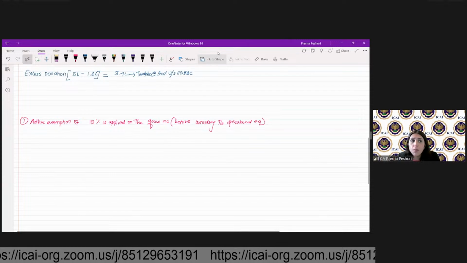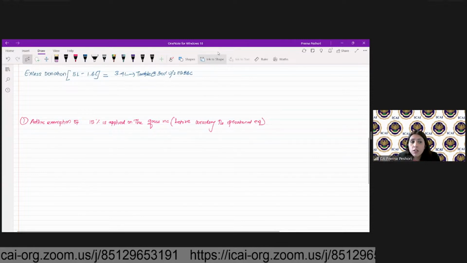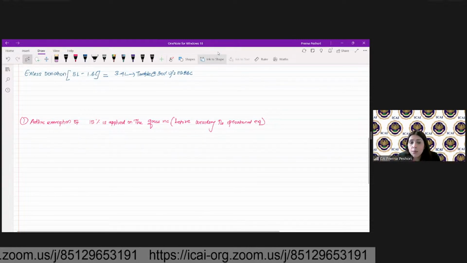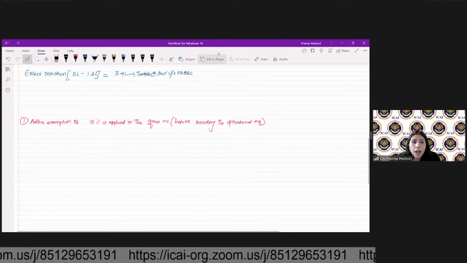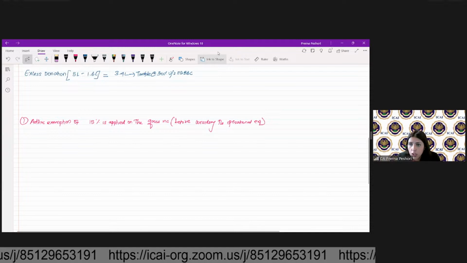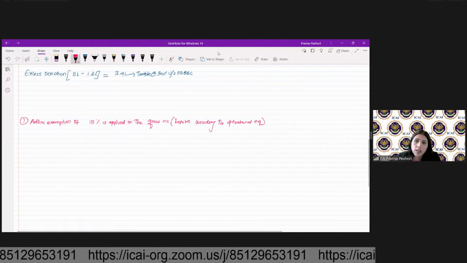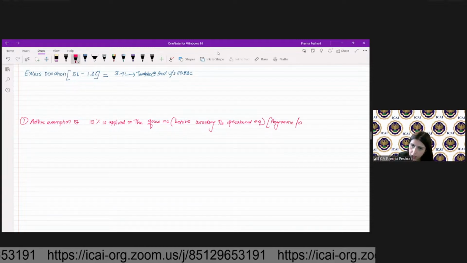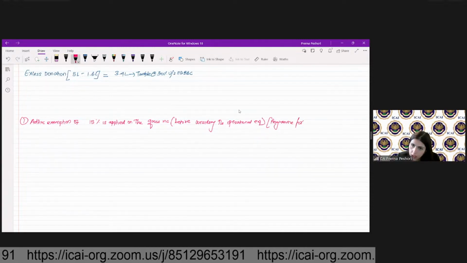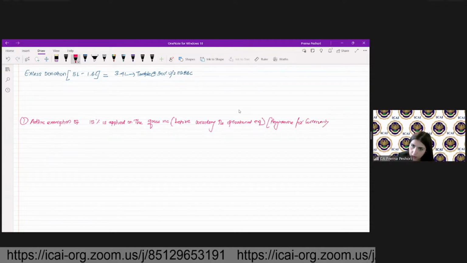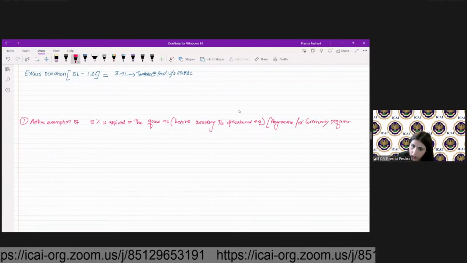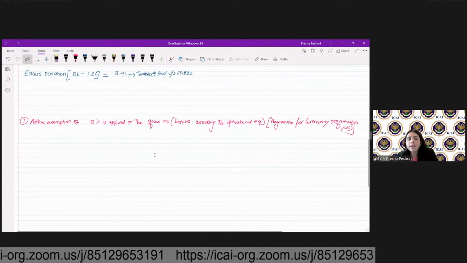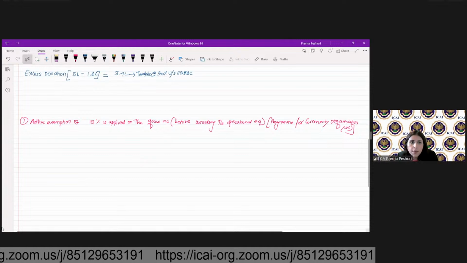So I have not reduced the operational expenses as I told you. Income here means we are considering the gross receipts. And this is in line with the Supreme Court ruling of Program for Community Organization. You have to write this note. Program for Community Organization Supreme Court ruling. This is very easy to remember. Also, the name is very simple.